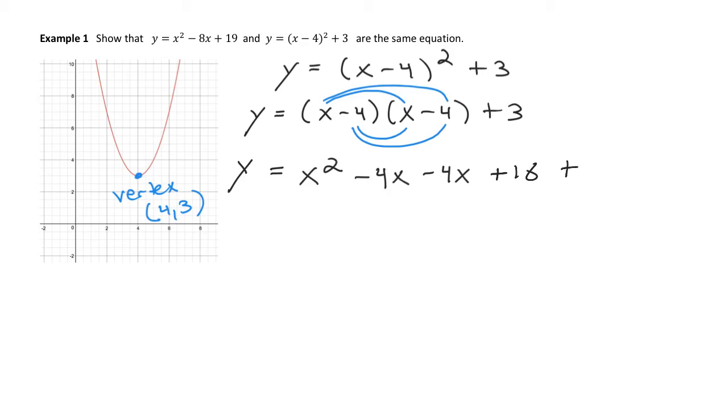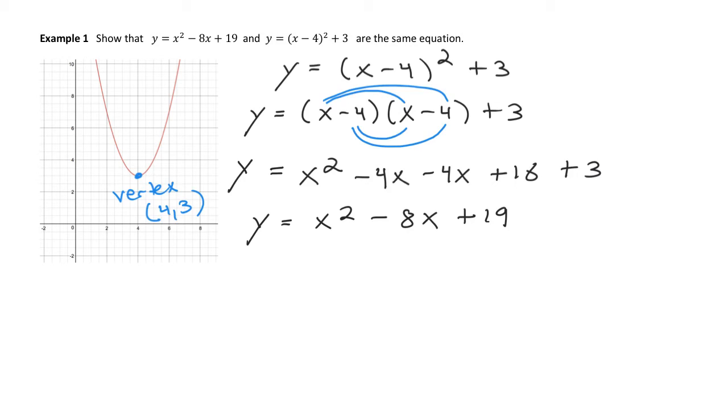And then this plus 3 tags along. And we're practically done. We just have to combine the like terms. We have y is equal to x squared. A minus 4x is a total of minus 8x. And then 16 plus 3 is in fact 19. So that's why these two equations are the same. You can just take this thing, multiply it out, combine like terms, and it would take you to this.